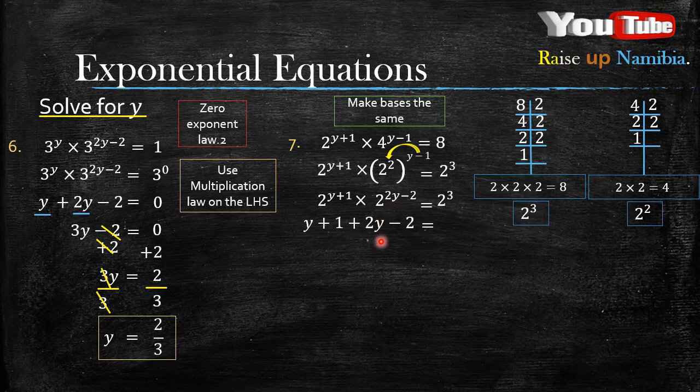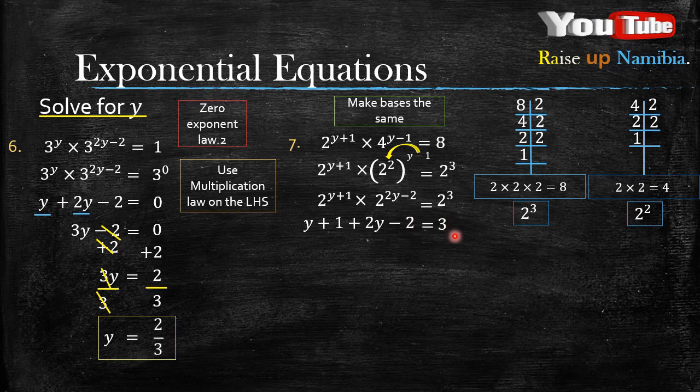So let's do just that. So our first exponent was y plus 1. So here is our y plus 1. And our second exponent was 2y minus 2. So to our y plus 1, we will add the second exponent, which is 2y minus 2.